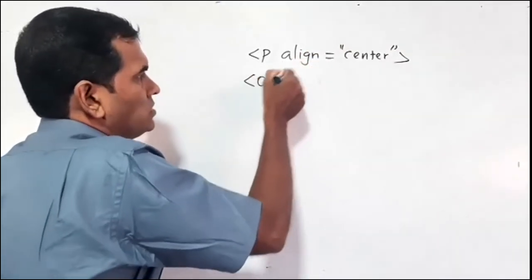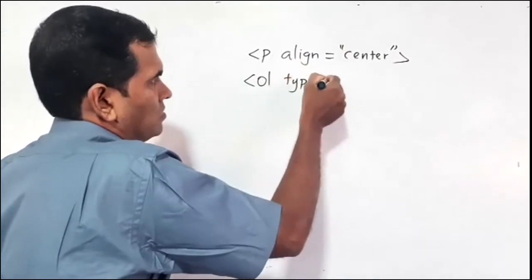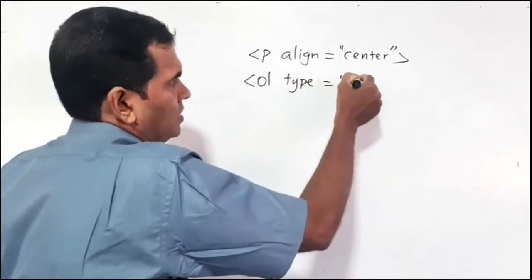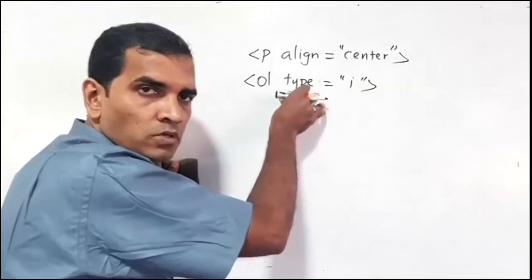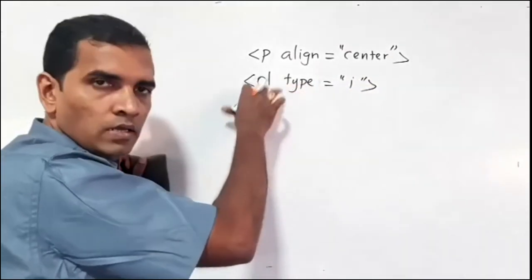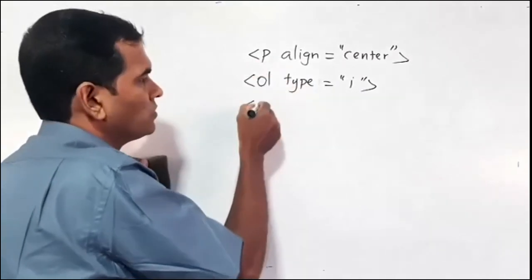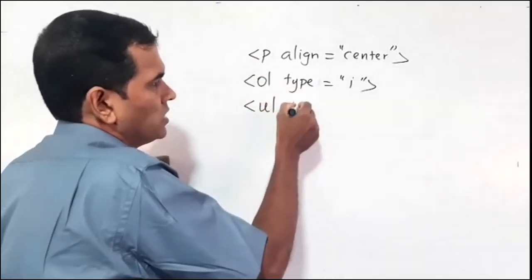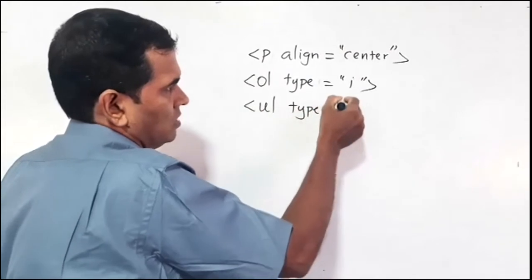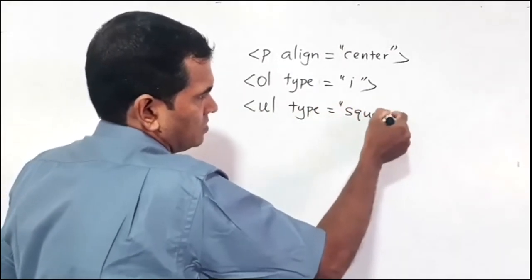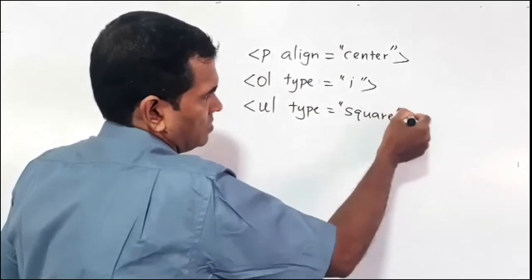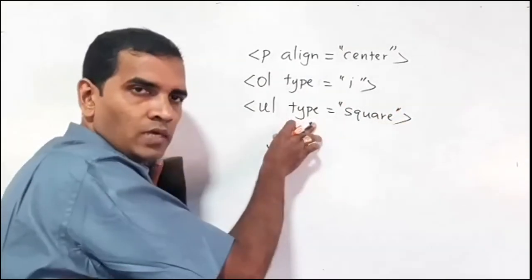Look at OL type, Roman number I or something. Here also type is an attribute that has been added to the element OL. Of course, UL type, there we used square or something. Here also we use type.